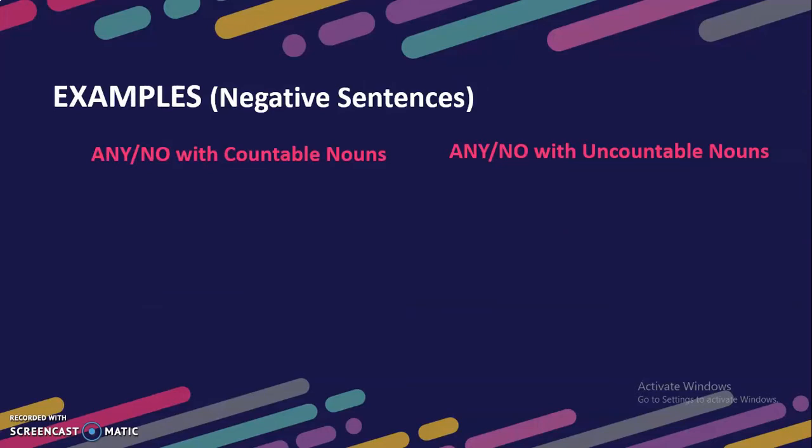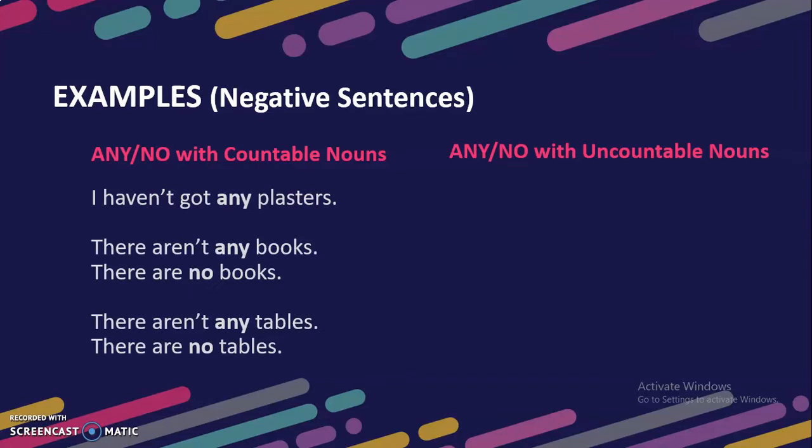First, let us see how we can use them in negative sentences. So any or no can be interchangeably used in negative sentences, as I have said, with countable nouns. As an example, I haven't got any plasters. There aren't any books. Or you can say, there are no books.